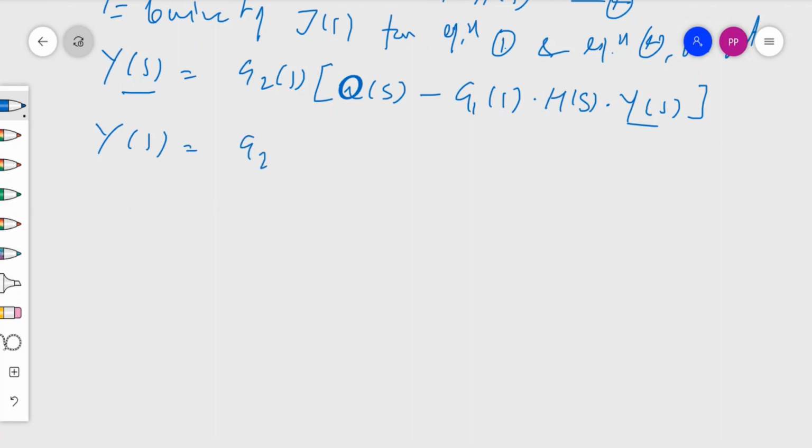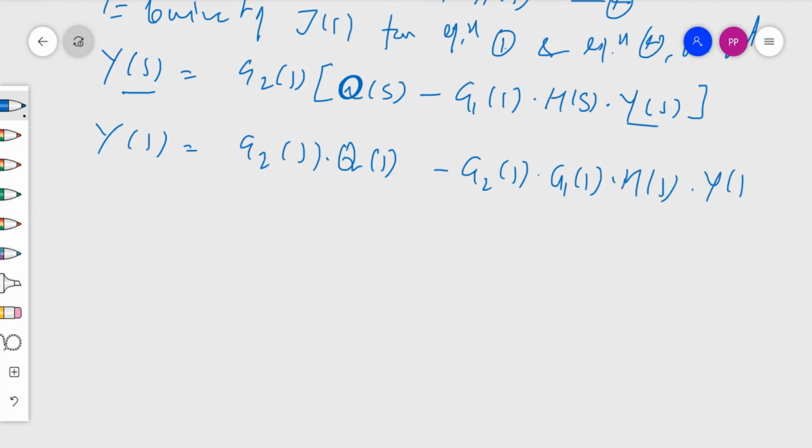Ys equal to G2s Qs minus G2s into G1s into Hs into Ys. In the exam also this happens. In a hurry we skip a step and something goes wrong because of this skipping.